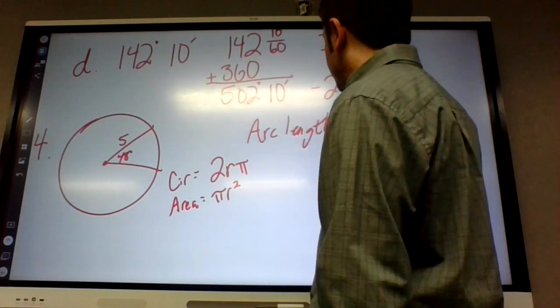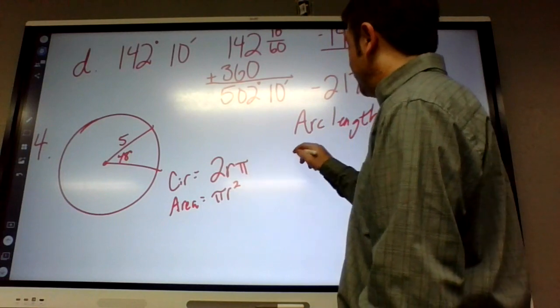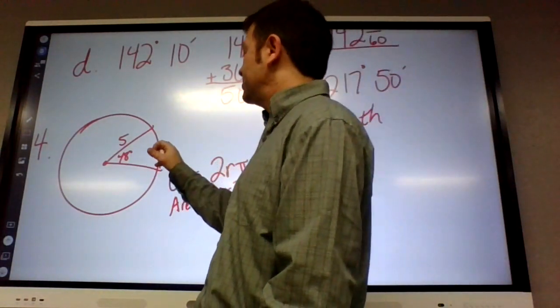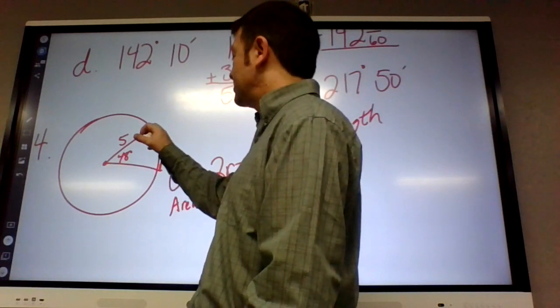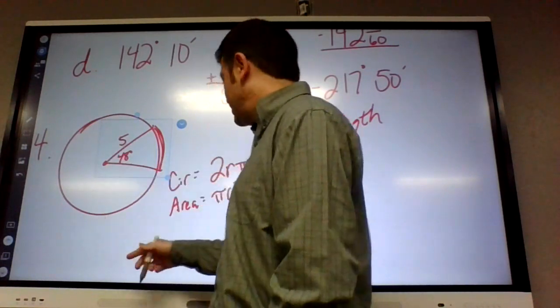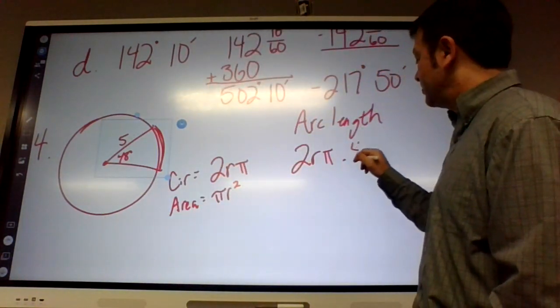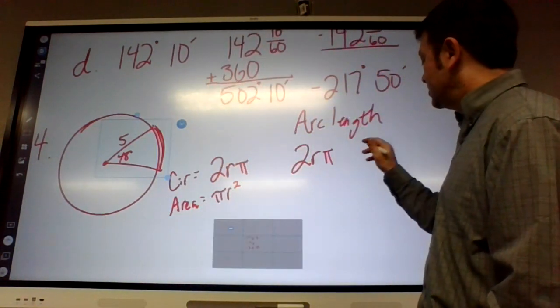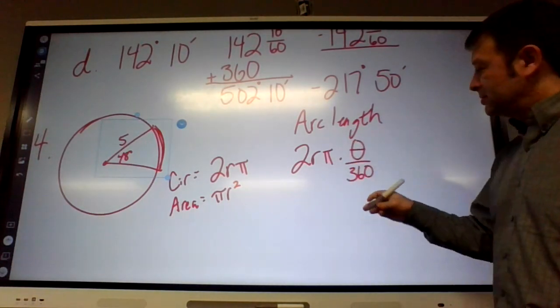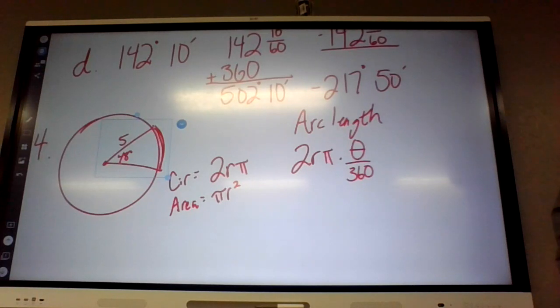Oh yeah, we're talking about arc length. So arc length is the circumference times what fraction of the circle are we using? What fraction of the circle is this? 48 out of 360. So you just multiply by theta out of 360. So that's the arc length formula, in degrees.